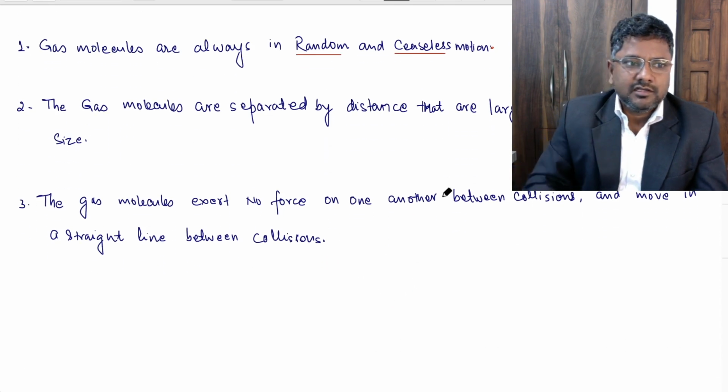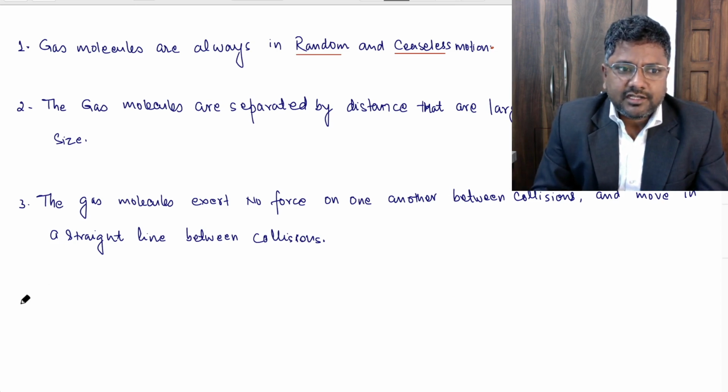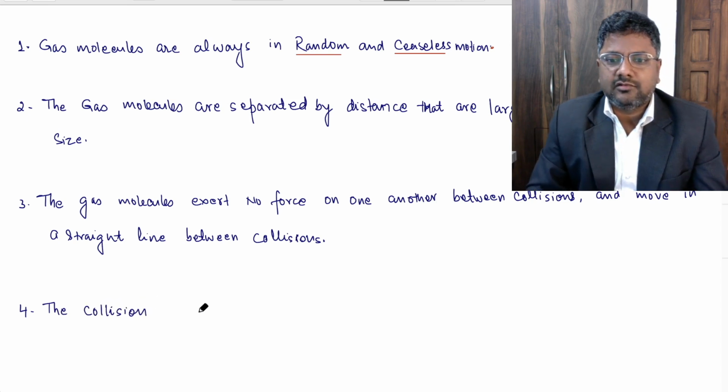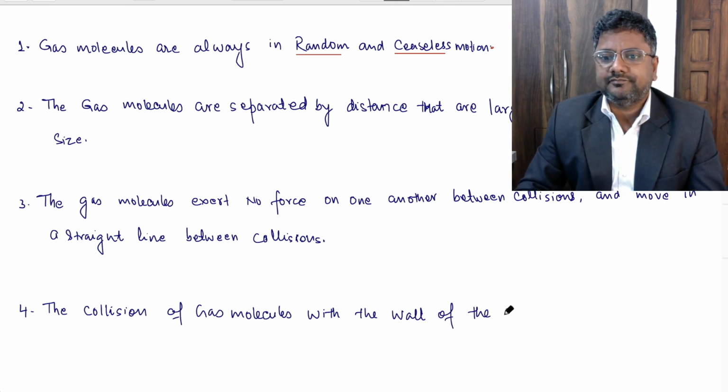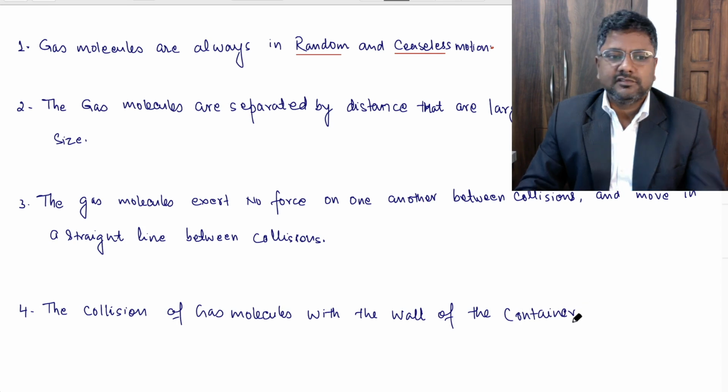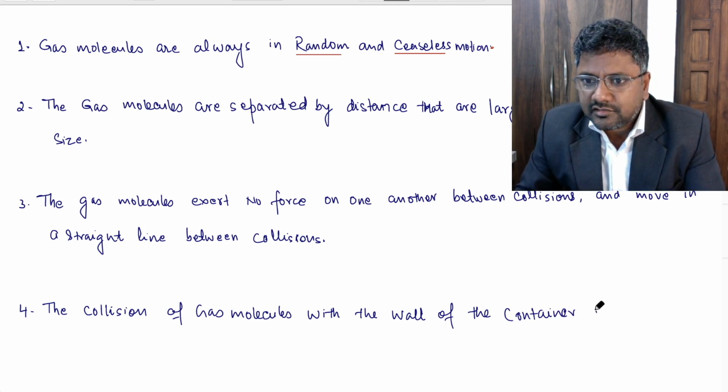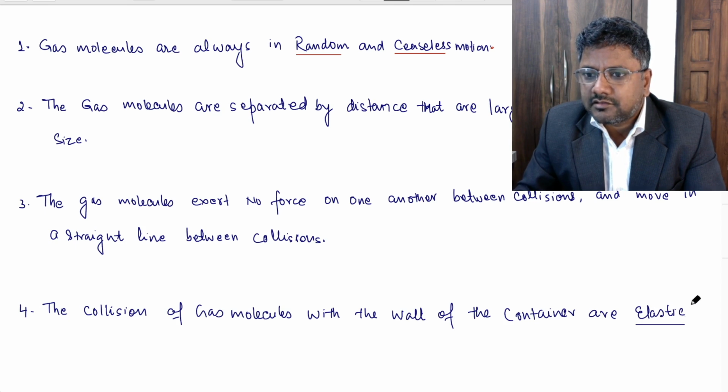And the collision of gas molecules with the wall of the container is elastic. This is also a very important point.